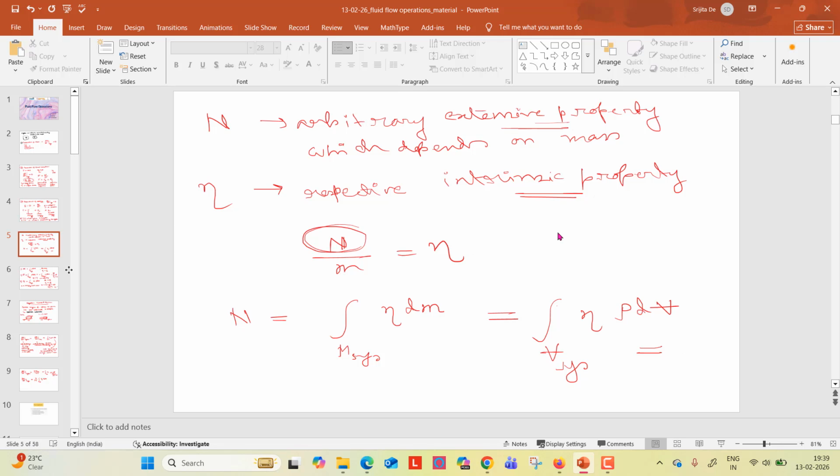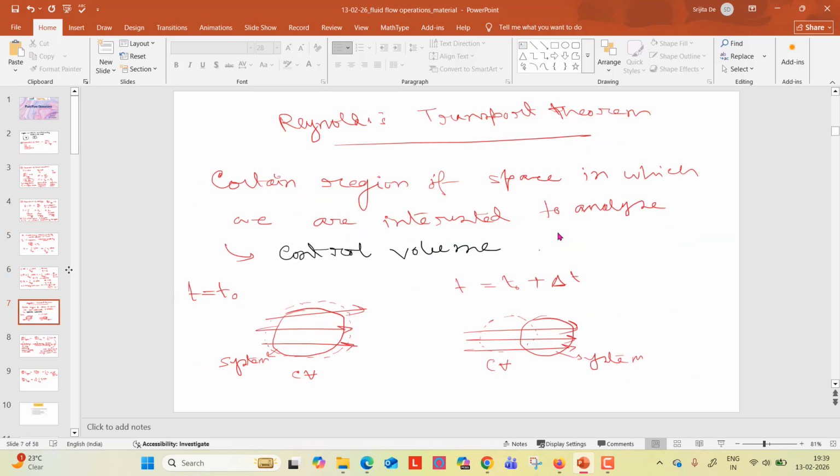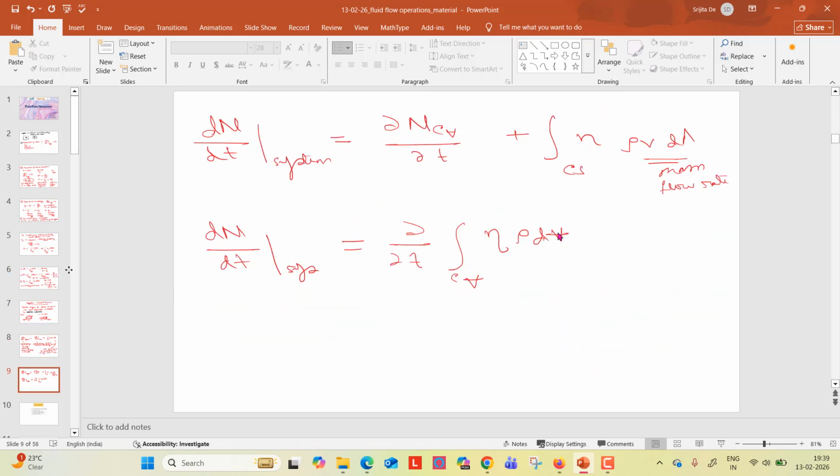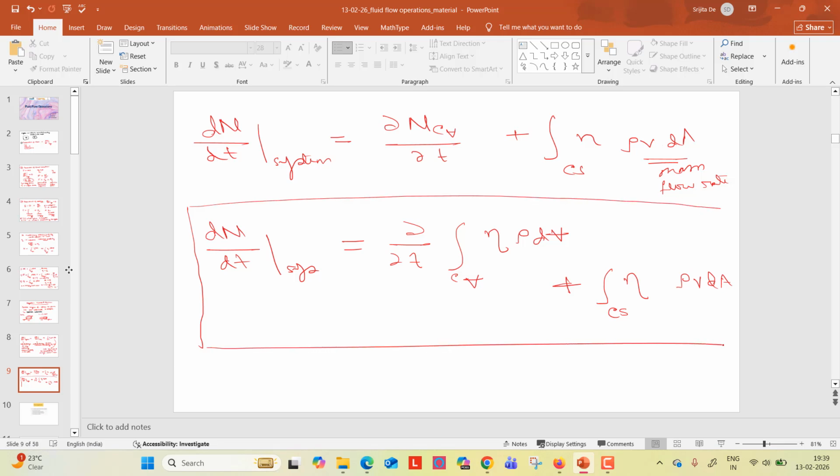So now this del N CV by del t can be written like this, plus, as it is, over the control surface eta rho V dA. So this is the working formula of Reynolds transport theorem. It is very important to remember.